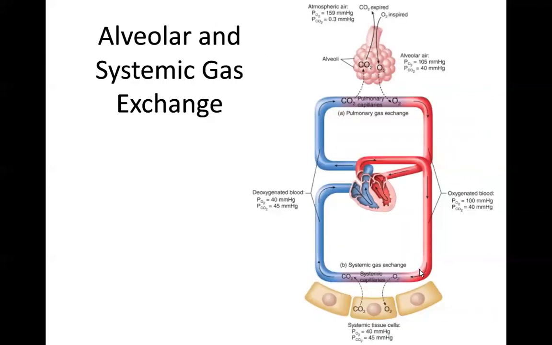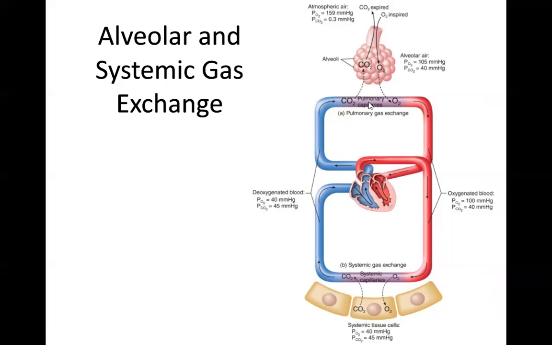So PCO2 of the blood at our capillaries is 40, PCO2 of our cells is 45, but 45 is more than 40, right? So that drives carbon dioxide out into the blood, which causes the PCO2 of that venous blood to now be 45.